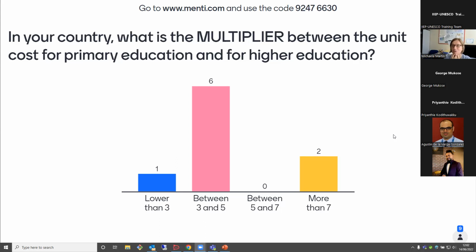Why is it so? I think that relates to the fact that in higher education, I have to admit this while I'm a higher education specialist and very much in favor of higher education, but when we have a relationship of 1 to 7 between primary education, which forms really the basis of an education system, and higher education, then we can see that higher education gets a lot of funding.